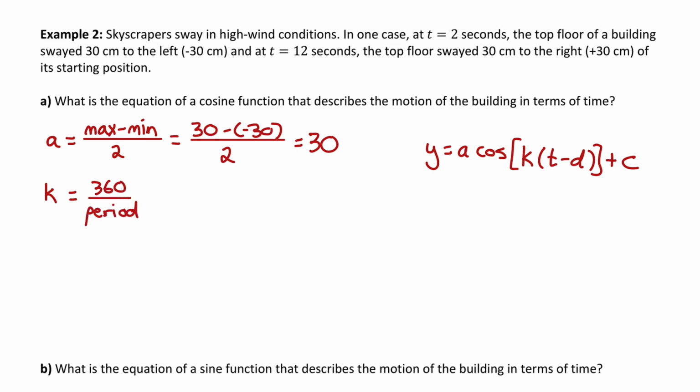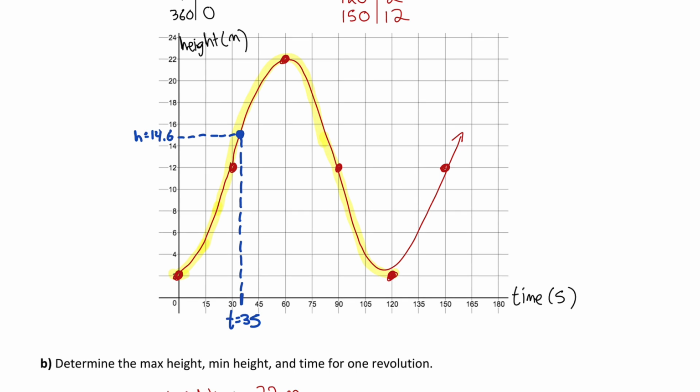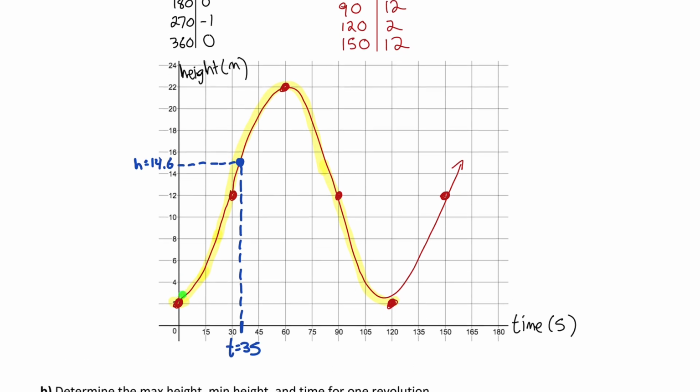Well, we know that it is at the min value at 2 seconds, and it's at the max value at 12 seconds. So if we think back to what a sinusoidal function looks like, let me just show you the previous example. The horizontal distance between a min and a max is just half of the period of the function, right? The full period is from the min all the way until it gets back to the min.